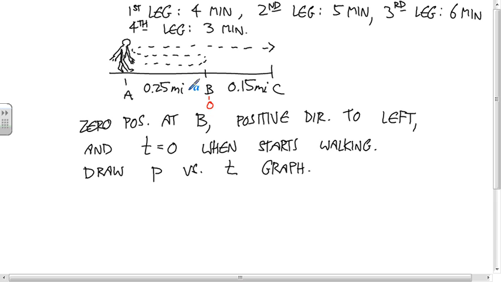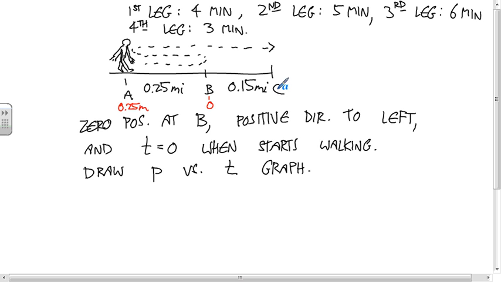The positive direction is towards A from B. We know that it's a quarter mile. So if A is a quarter mile in the positive direction, what position value is going to be associated with A? Yeah, 0.25 positive. So 0.25 meters is the position value at A.